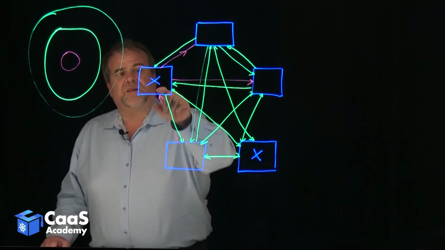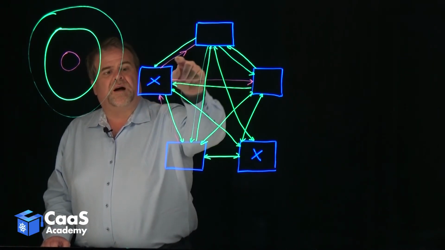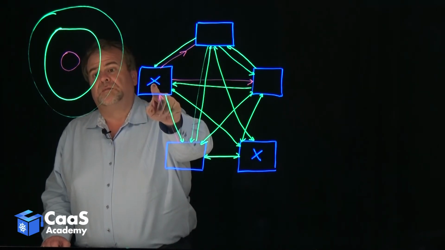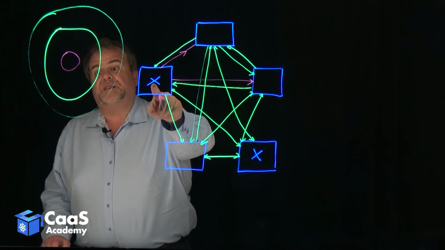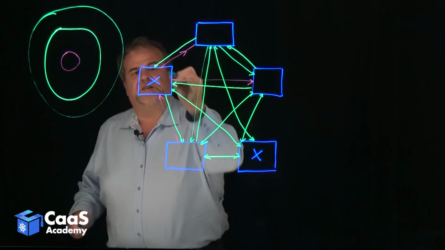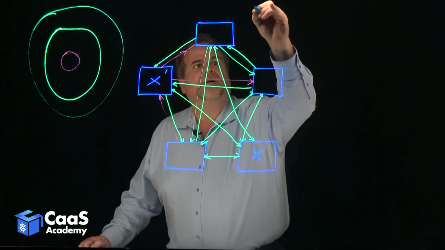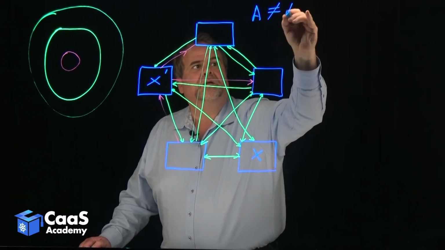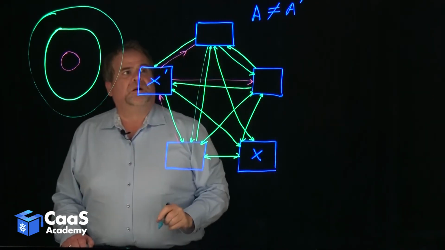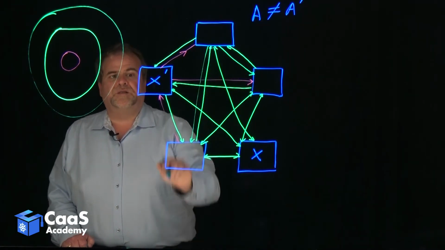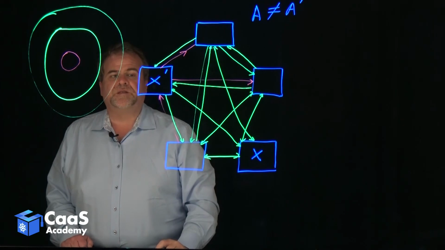So if I have a firewall that says this thing should only allow red flows here, and that's tied to this IP address, then I life cycle this, and this goes away, and I now have a version prime of this pod. Guess what? Address is not equal address prime. So this address is no longer what's used to identify this.